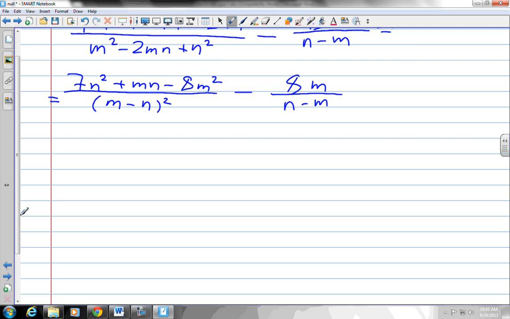So here, if you look very closely, one says m minus n, while the other one says n minus m. Those are different, so you have to make them look the same. You have two options. You can flip the second denominator, but if you flip the second denominator, the sign will change because you flip around the negative sign. Or you can just flip inside the square. Nothing happens when you flip inside the square.